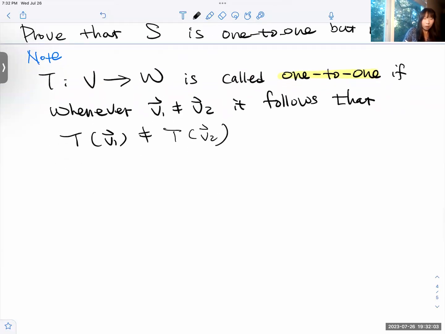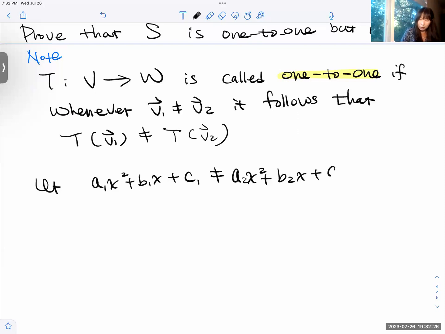So let me just denote a sub 1 x squared plus b sub 1 x plus c sub 1 is not equal to a sub 2 x squared plus b sub 2 x plus c sub 2, right? Not equal to means distinct, right? They are distinct.